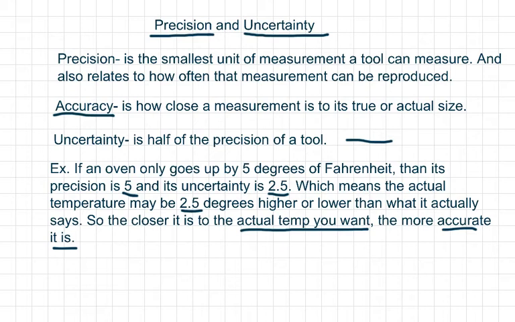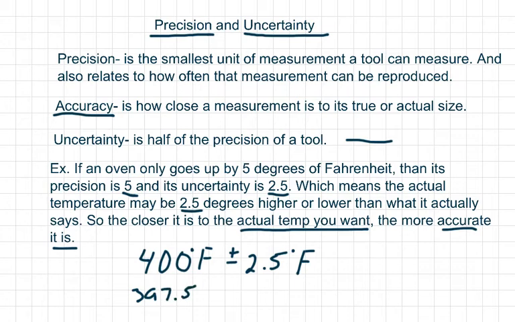Okay? So if you wanted 400 degrees, you could say, okay, I'm going to set it 400 degrees Fahrenheit, like so. But it would be plus or minus 2.5 degrees Fahrenheit. So you might have a temperature that was 397.5.